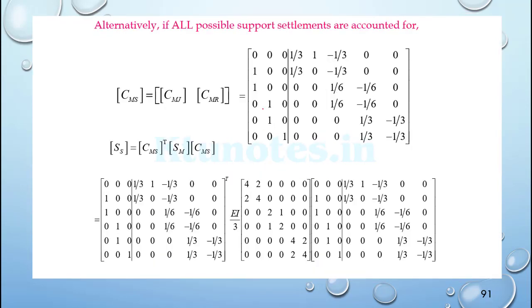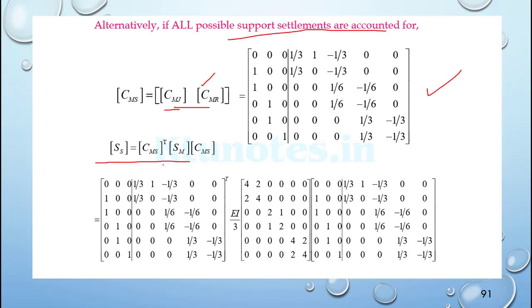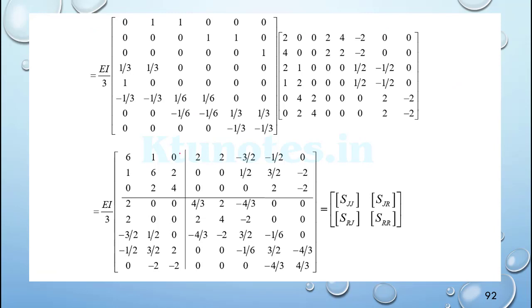Ordinarily, if all the possible settlements are accounted for, then Cms is equal to Cmj and Cmr. This is the additional term coming. So we are writing Cmj and Cmr together as a big matrix, and then Ss is equal to the same equation, Cms transpose into Sm into Cms. Applying and simplifying the equation, we will get the matrix Sjj, Sjr, Srj, Srr.